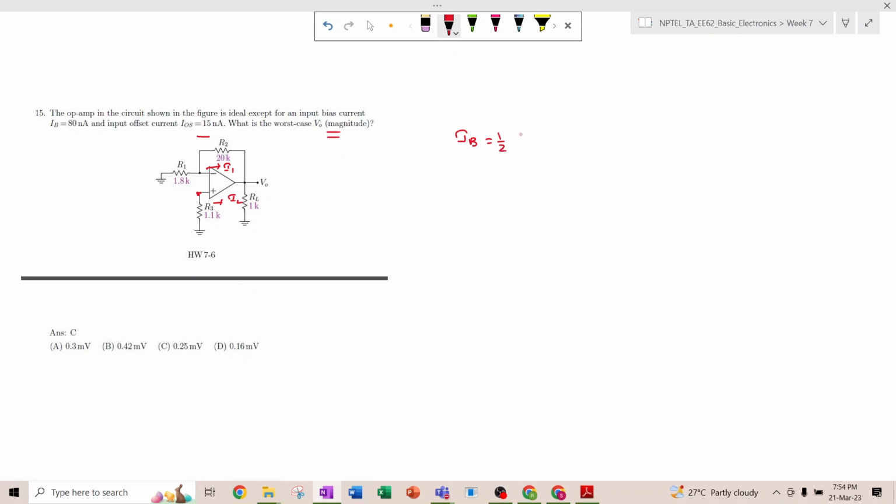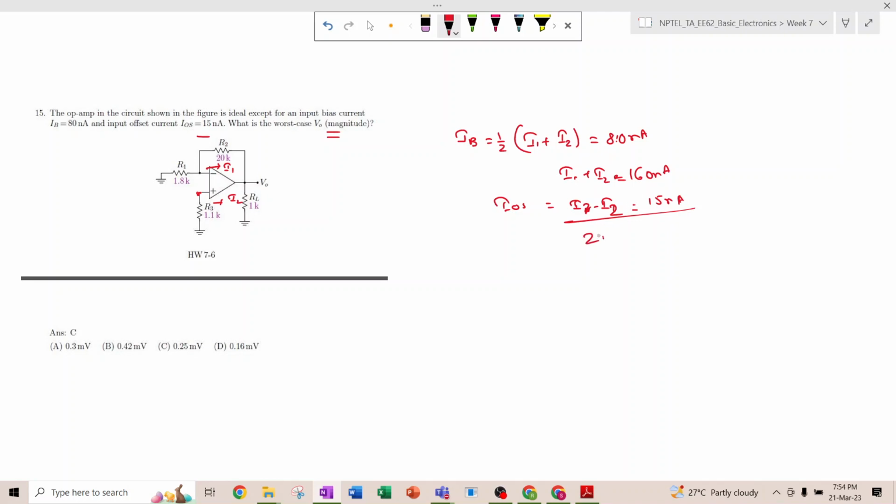Input bias current, which is half of I1 plus I2, is nothing but 80 nanoampere, right? So I1 plus I2 is 160 nanoampere. And then offset current, I1 minus I2, is 15 nanoampere, right?